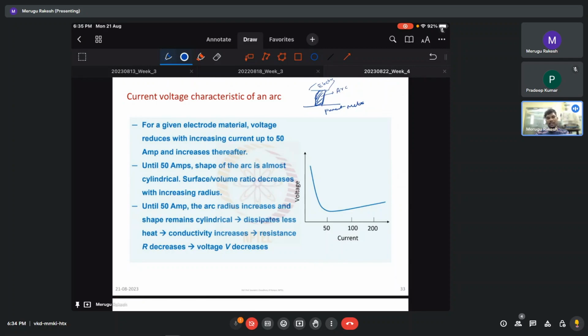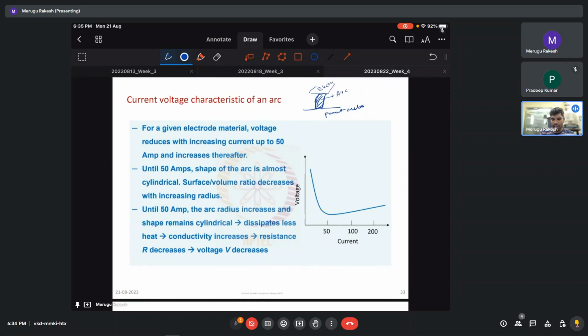Basically, with an increase in current, we see that voltage decreases at first, and then it becomes constant. For a given electrode material, voltage reduces with increasing current up to 50 amps, and then increases slowly thereafter, but the slope of increase is very small. Until 50 amps, the shape of the arc is almost cylindrical.